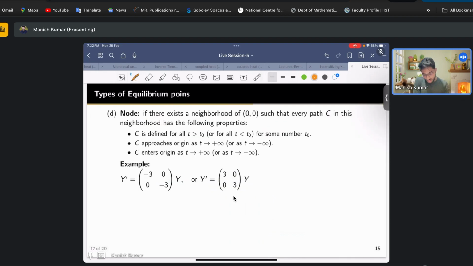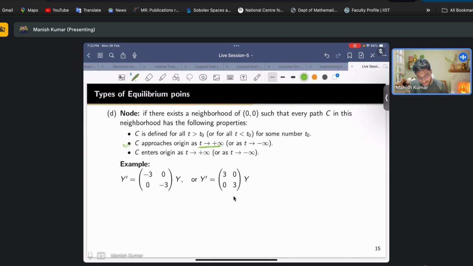Now let us talk about node. So these are the main two properties: it approaches the origin as t goes to infinity, and it enters. So basically it is an entering path. There should exist a neighborhood such that any path you choose should enter the origin.